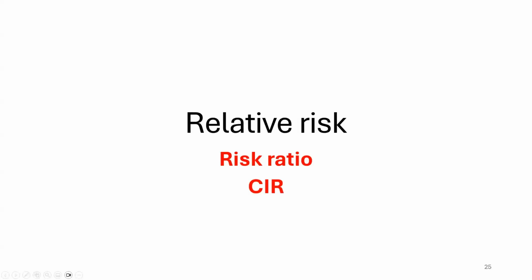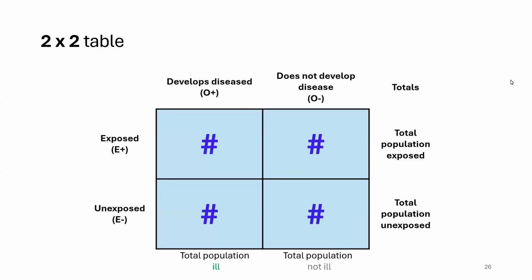Okay, so we're going to delve a little more into risk ratios and rate ratios, to provide a different framework in your mind for how we might calculate these. I'm going to introduce you to the idea of the 2 by 2 table. This is like epi gold right here.